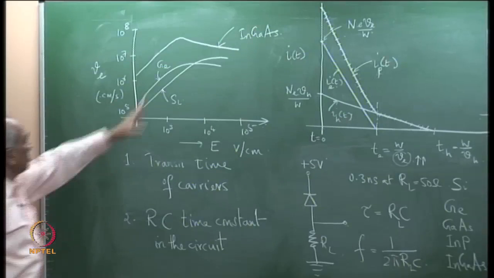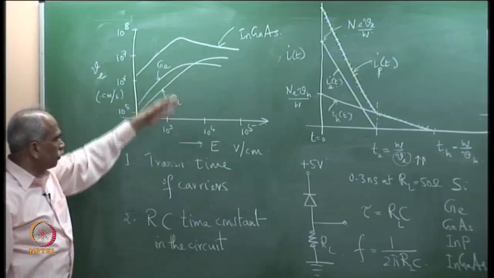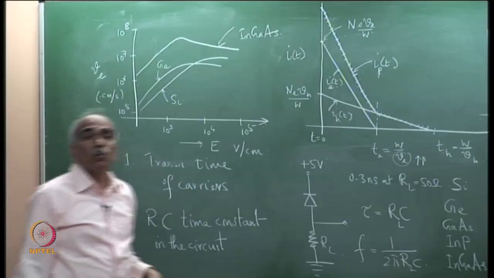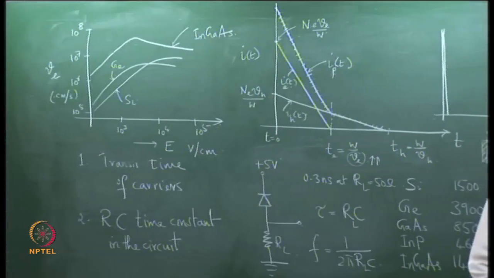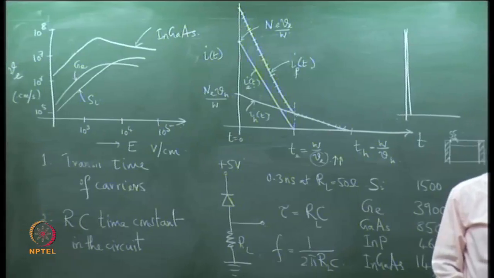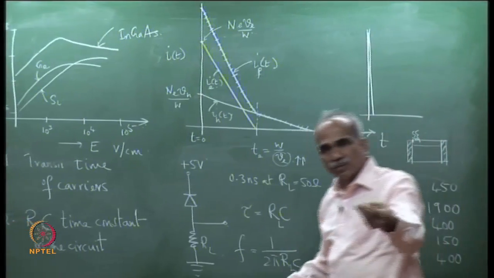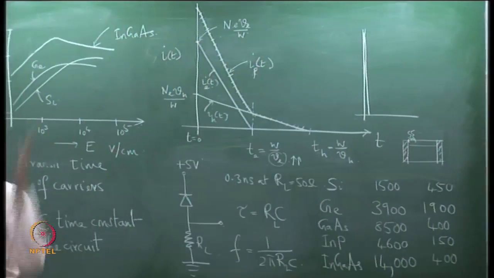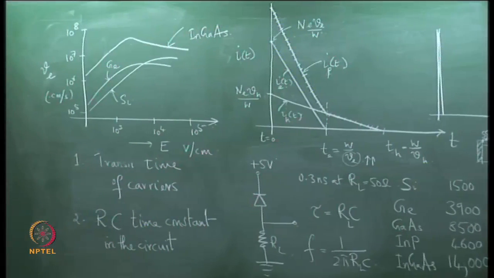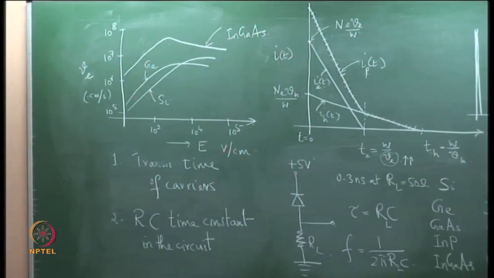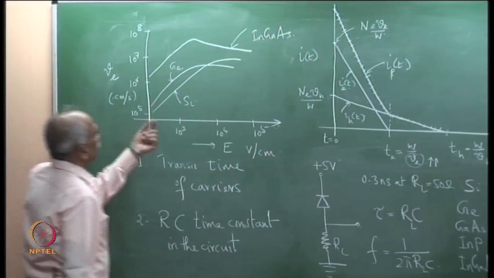These are quite typical, the field is about 10 to the power of 3 or 10 power 4 volt per centimeter. It is volt per centimeter, but typically we take the thickness very small, less than a millimeter, and then it is only a few volts. You do not have to apply very large volts. Typically we take 0.1 mm or 0.2 mm as the dimension.